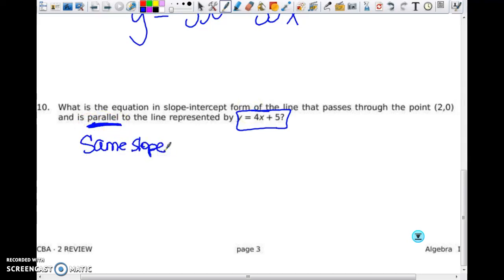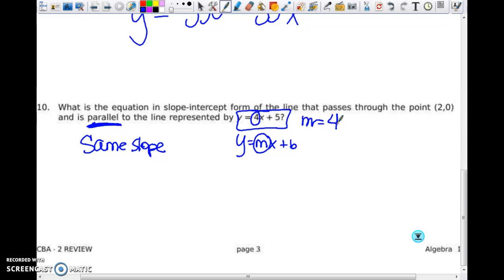Okay. The second thing is, right here, looking at this, this equation is in the mx plus b form. So by looking at this, can I identify the m? Yes, it's attached to the x, right? So the m here is 4. So that means the equation of my line also has to have a slope of 4.